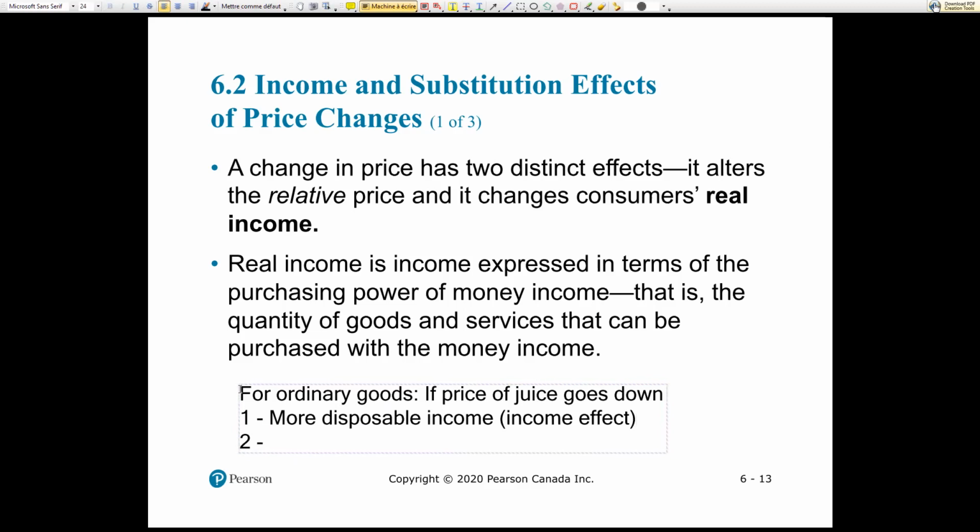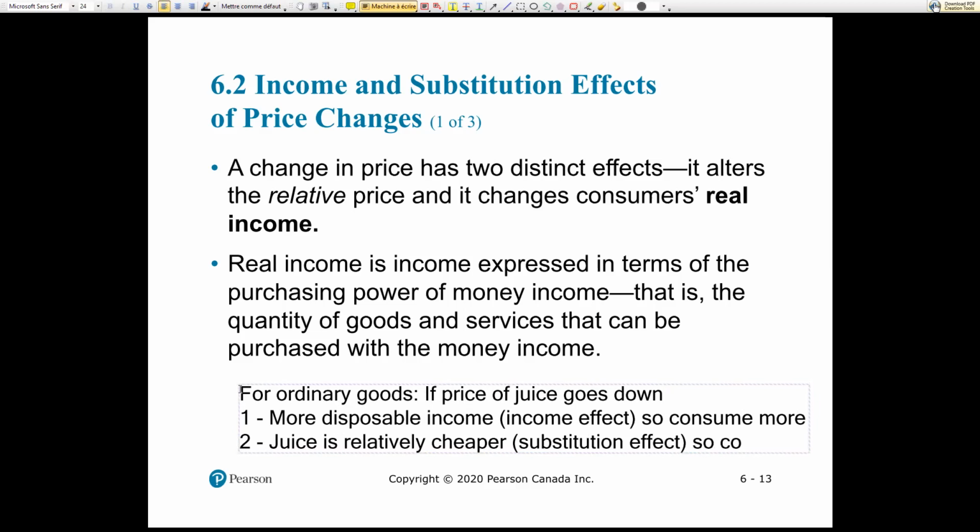And two, juice is relatively cheaper, so consume more as well: that's the substitution effect.